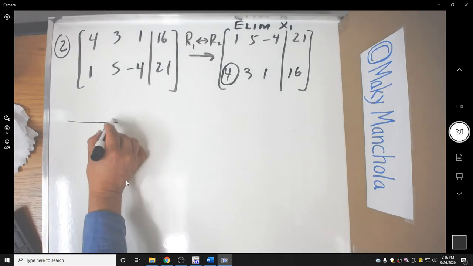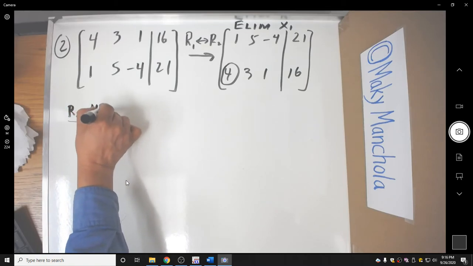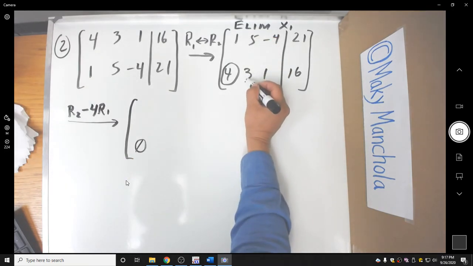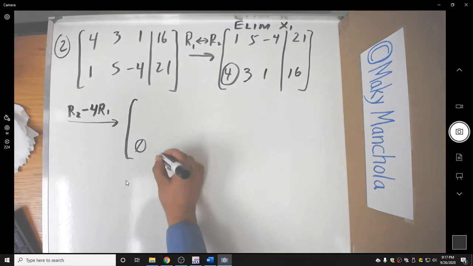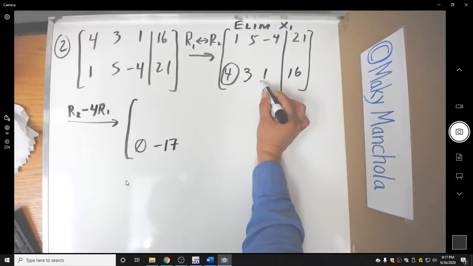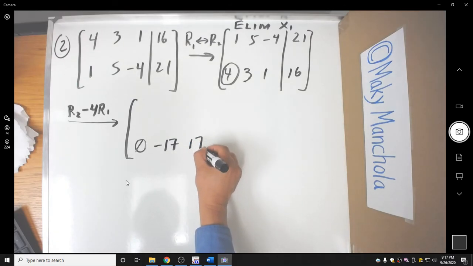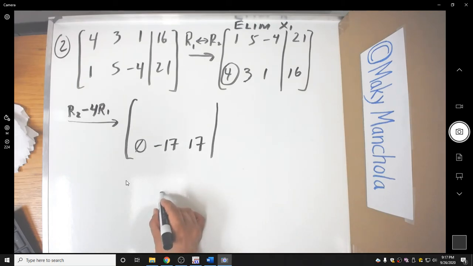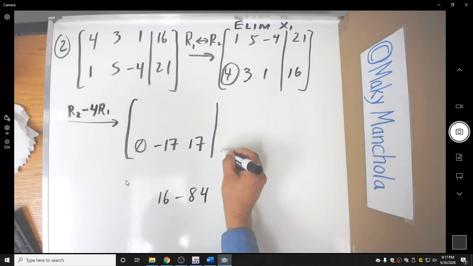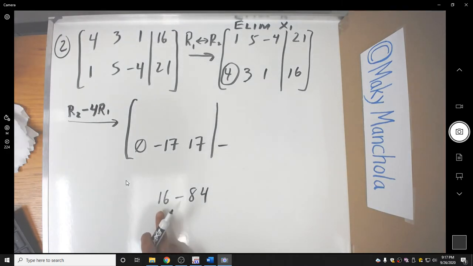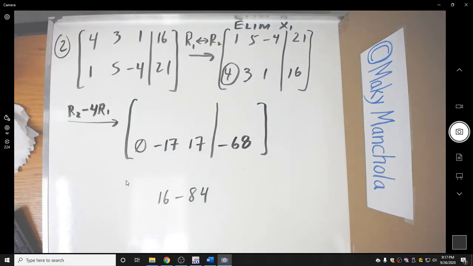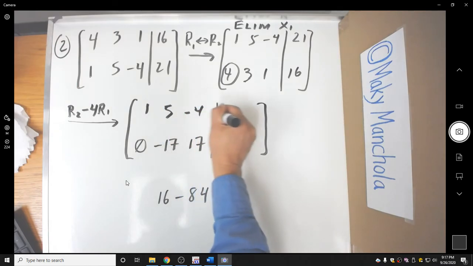So I will do it by taking row 2 minus 4 row 1. 4 minus 4 is 0. 3 minus 20 is negative 17. 1 plus 16 is 17. 16 minus 84, the answer is negative, so here we're gonna get negative 68. All right, so we have 1, 5, negative 4, 21.